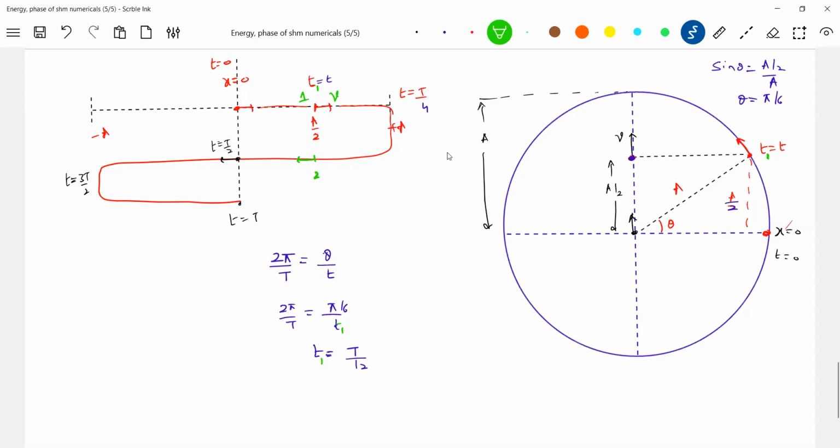It will be at the same distance a by 2 only. Let me arrange this. Can we calculate the time taken to move from 1 to 2? What do you mean by 1 to 2? So the particle will be here.